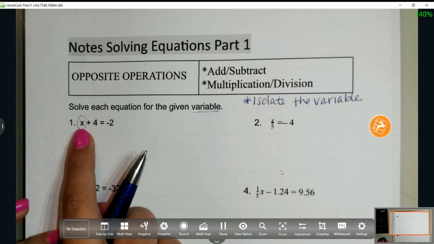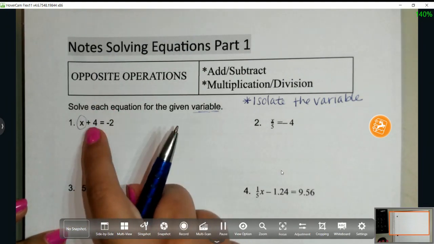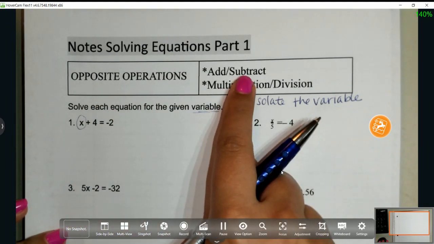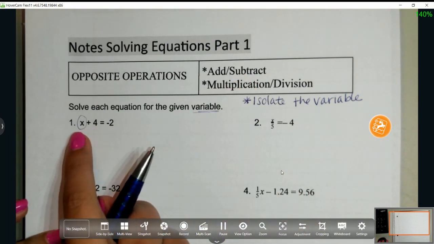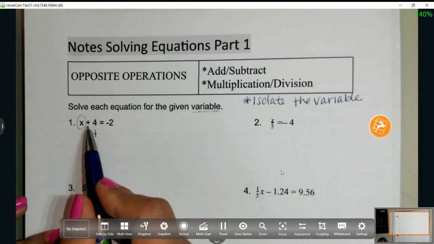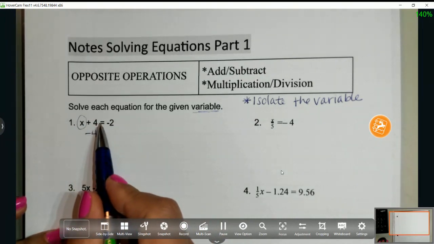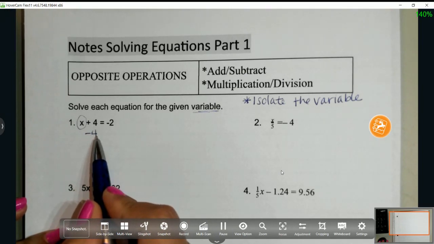So in order to solve for x, we actually want to think of it in terms of doing the opposite. So the opposite of adding 4 would be to subtract 4. So in order to get x by itself, I'm going to come down here and think, okay, I want to undo the addition of 4. I do that by subtracting 4.